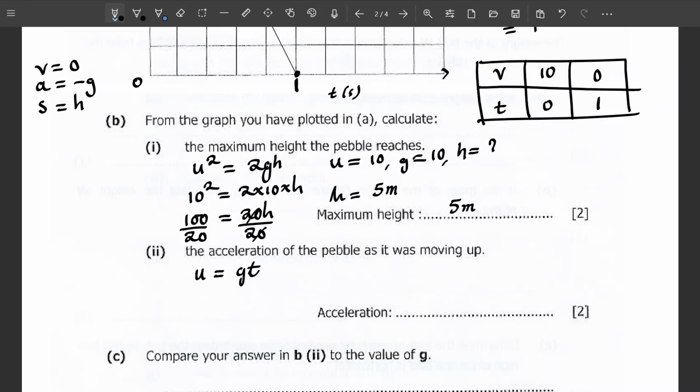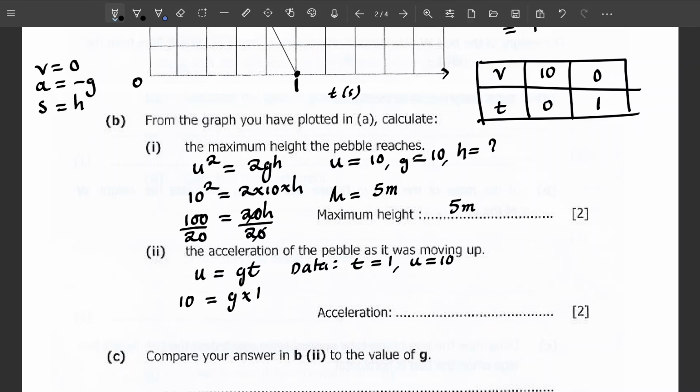gt. Okay? So what we are going to do is we know time, we found it to be 1, and then u is equal to 10. So if we were to substitute here, we'll say u was 10 equals, then here we'll have g, which is acceleration, we don't know, times t, which is 1.